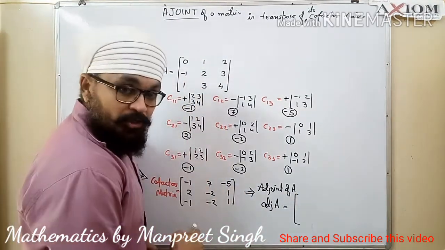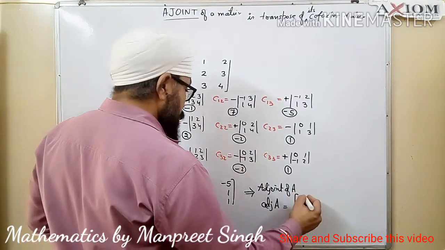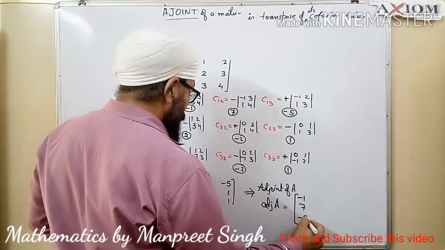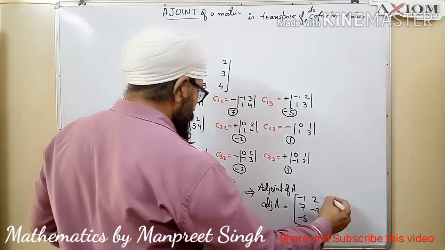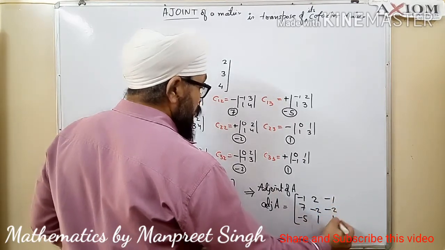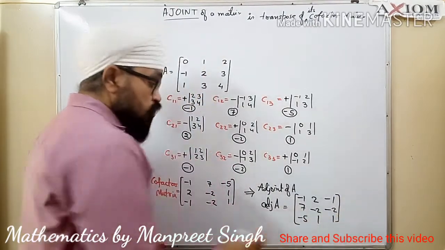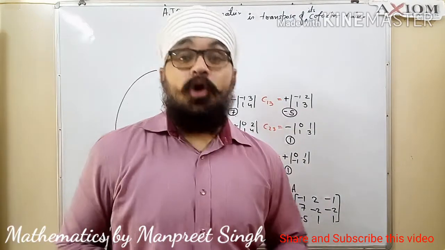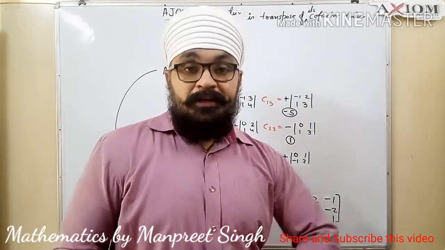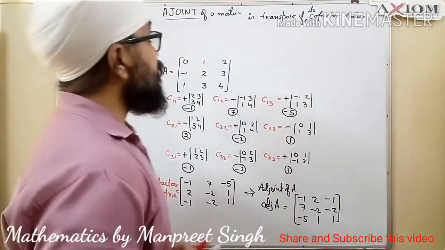Rows will be converted to columns, so this becomes -1, 7, -5, 2, -2, 1. Then we have -1, -2 and 1. So the matrix that we are getting is the adjoint of the matrix.